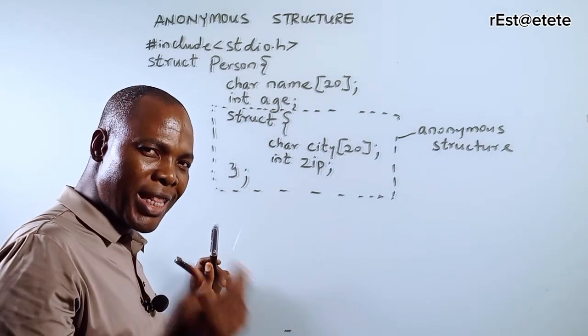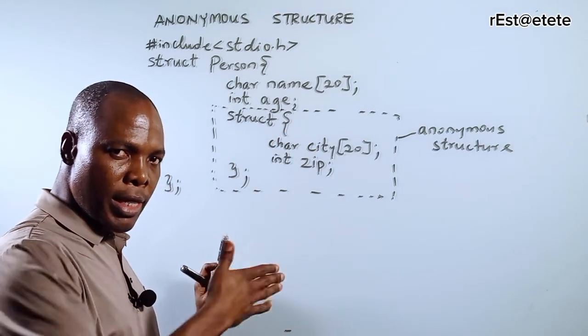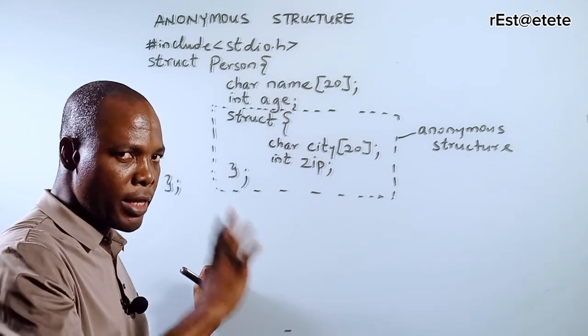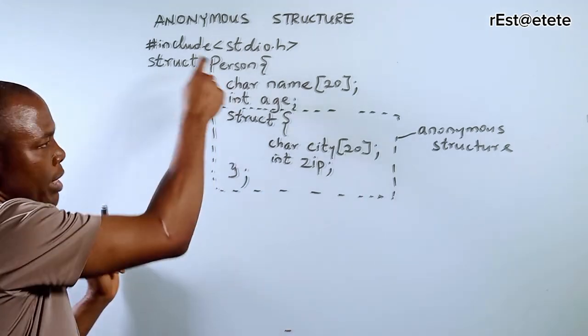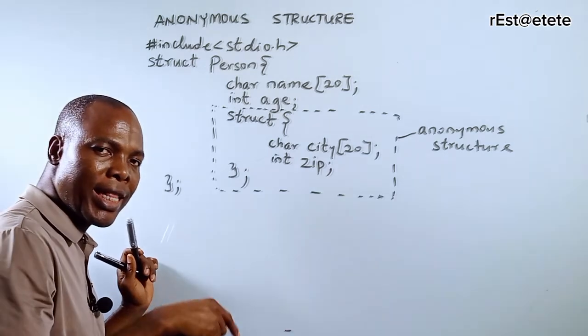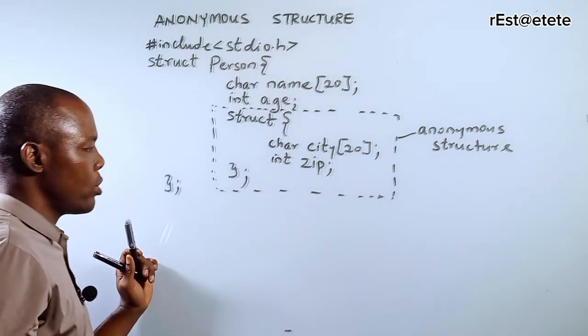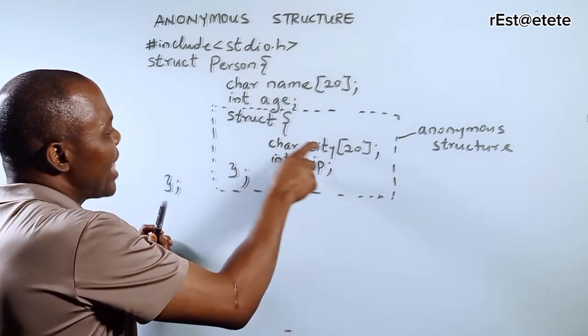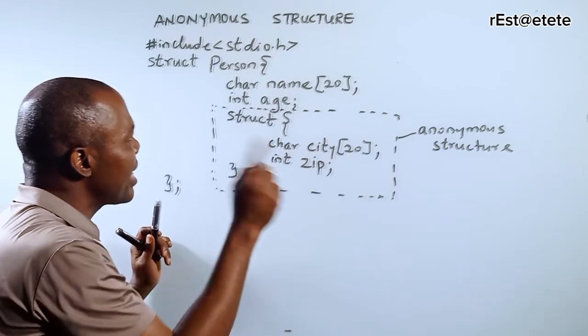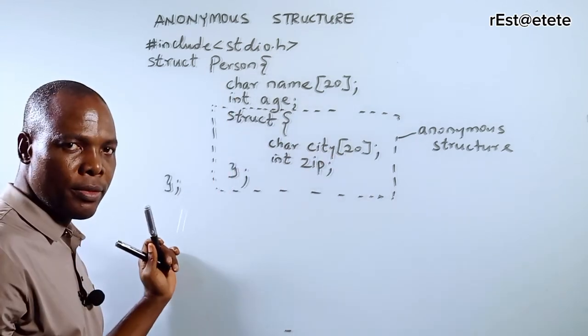It was from C11, that is the version of C, that we started having this ability. Before then, you couldn't. You must give a name to your structure before you can declare a variable for that structure. With this, I can access this city and this zip directly using the variable of person.